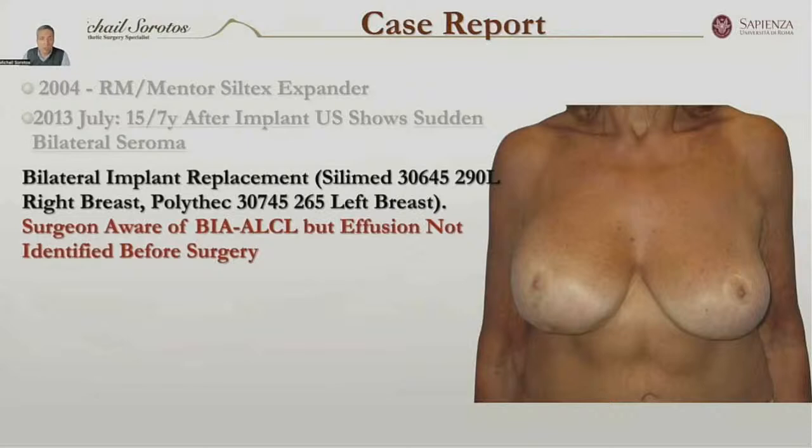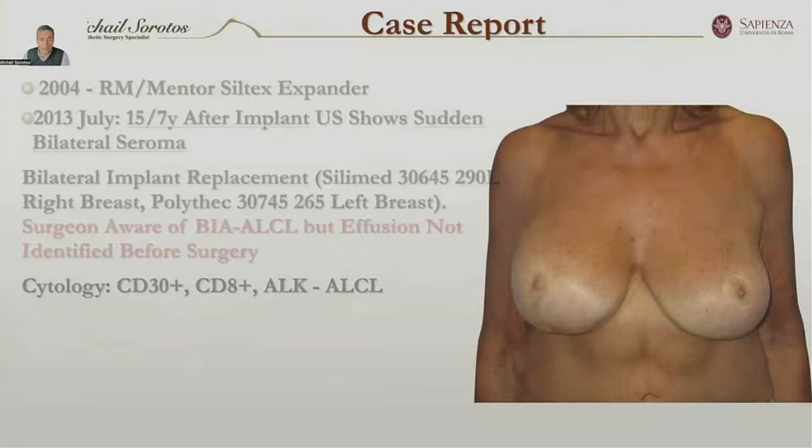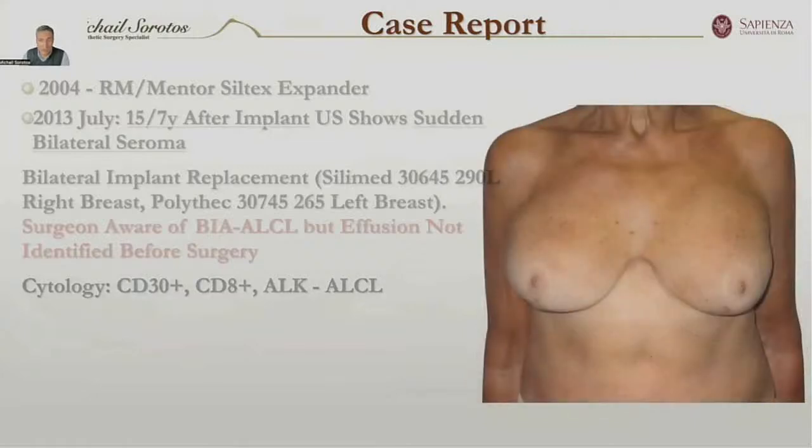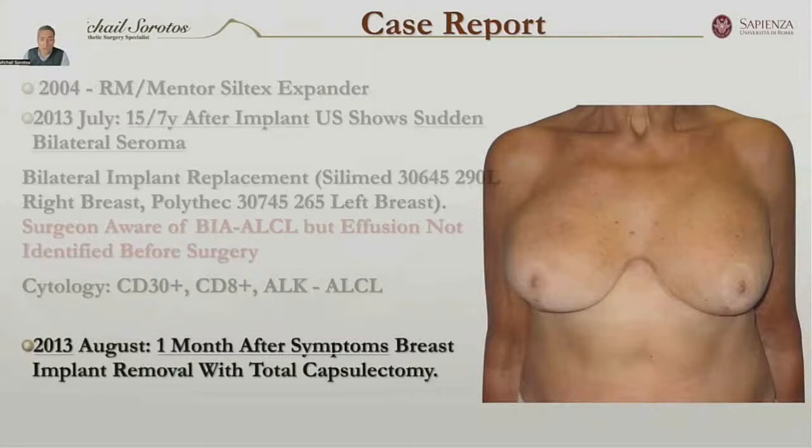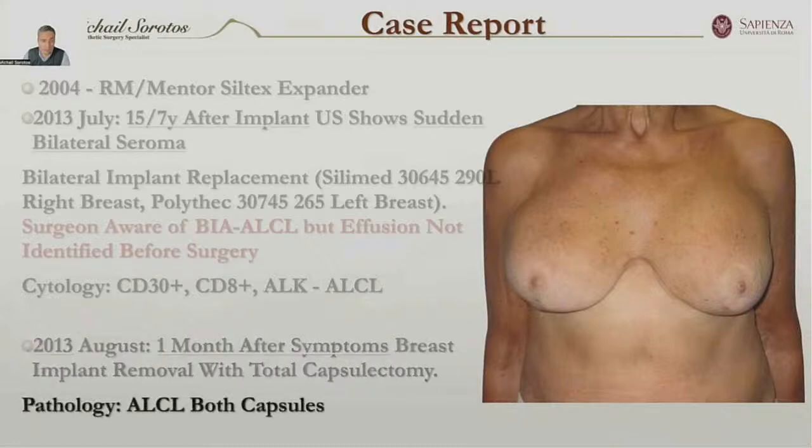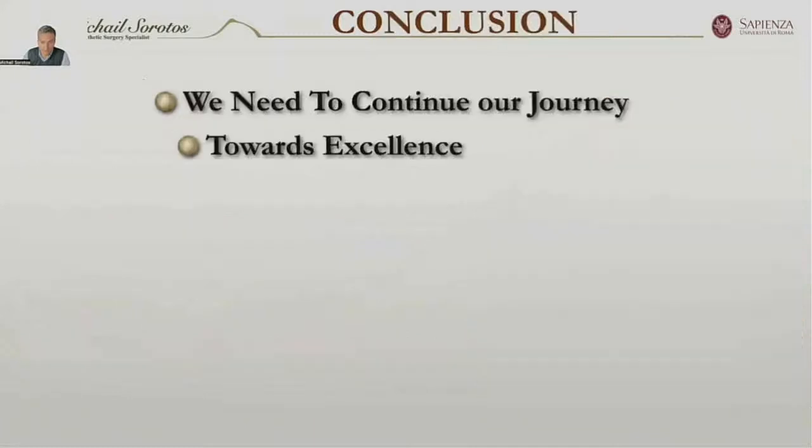She underwent a bilateral implant replacement with Silimed implants and Polytech implants on the left breast. So the effusion that was found during surgery was sent for cytology, and BIA-ALCL was diagnosed. One month after symptoms, we had to go back into surgery and do breast implant removal with total capsulectomy. And pathology confirmed ALCL on both capsules.